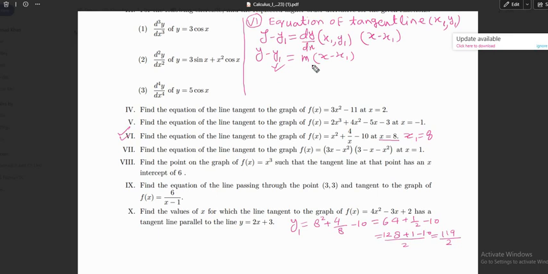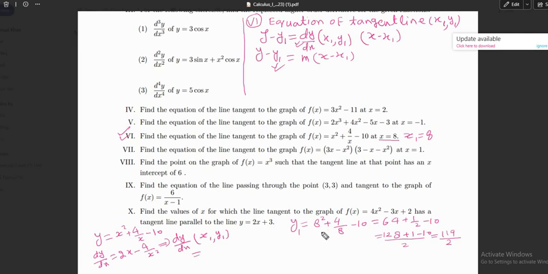Now what I need is the slope, dy/dx. So dy/dx means differentiate this function, y is equal to x square plus 4 divided by x minus 10. Find the derivative. dy/dx is equal to 2x minus 4 divided by x square, and the differentiation of the constant is 0. Now this dy/dx is the slope at the point x1, y1.